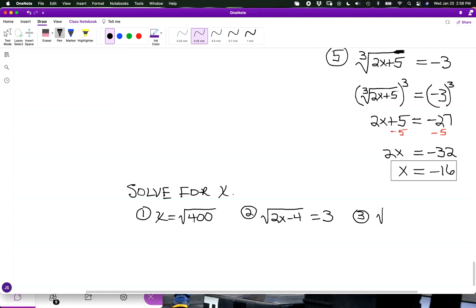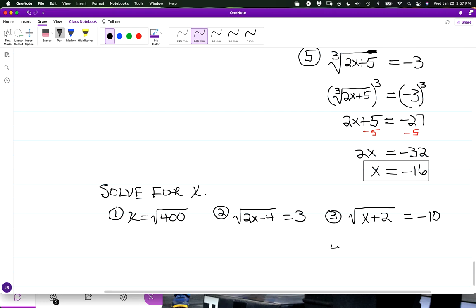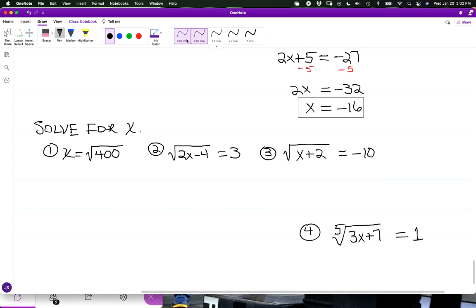And we'll say we have the square root of x plus 2 is equal to negative 10. And we'll say we have the fifth root of 3x plus 7 is equal to 1.